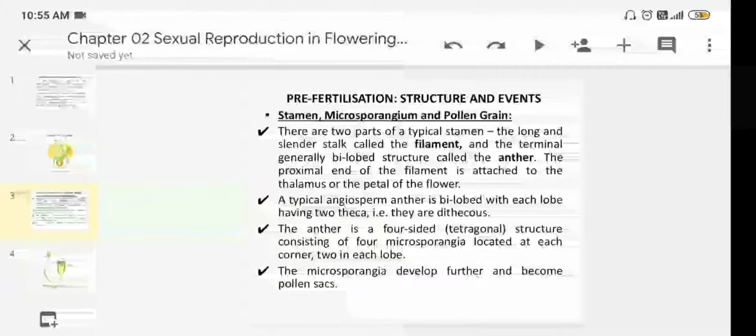Thus one lobe consists of 2 microsporangia, and the total 2 lobes have 4 microsporangia. You can well see it in the figure in the next slide, the cross section of the anther.